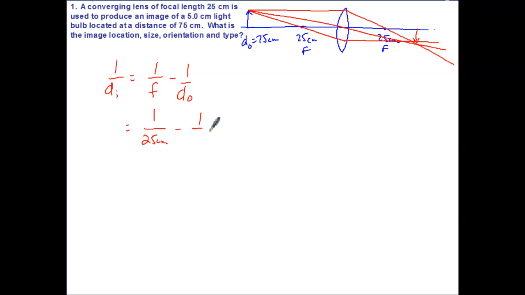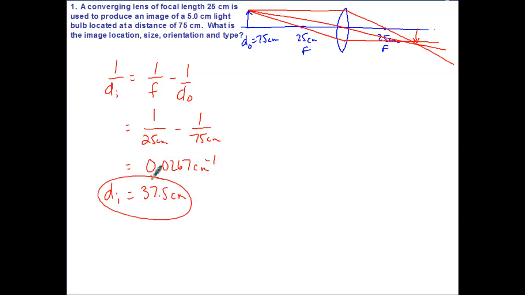Subtracting away 1 over DO, that's 1 over 75 centimeters, and that answer is about 0.0267 inverse centimeters, so DI would be the reciprocal of that, about 37.5 centimeters. So sure enough, that matches what I thought we would have, something between 25 and 50, so I'm pretty sure I did that correctly.